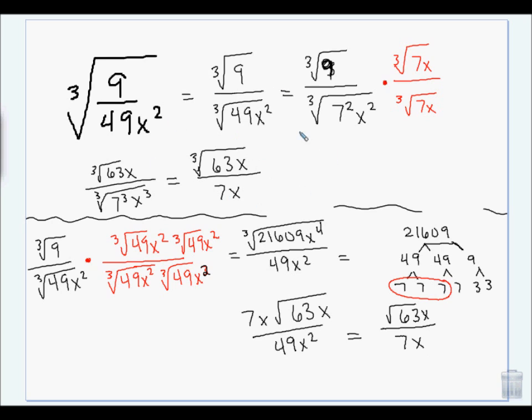This takes less thought in the initial part. This method is good if you don't see a square in there. Like if you can't figure out what to multiply by to make it a cube, then this will work because you can just cube it. This method is more efficient.